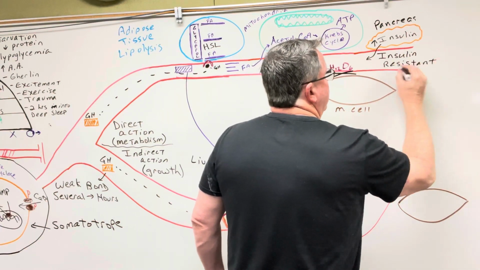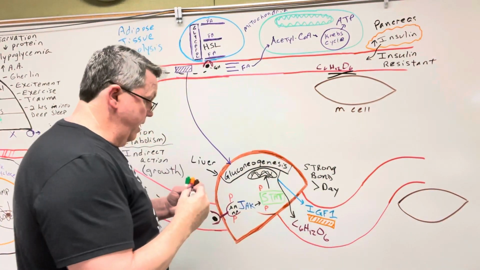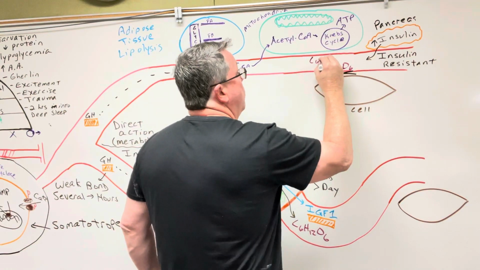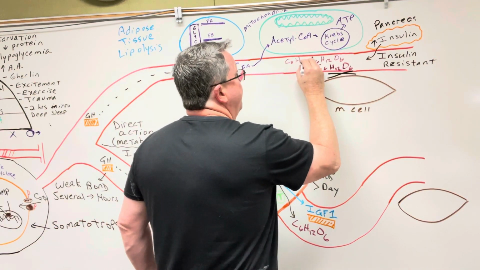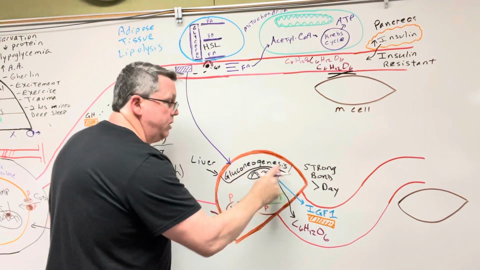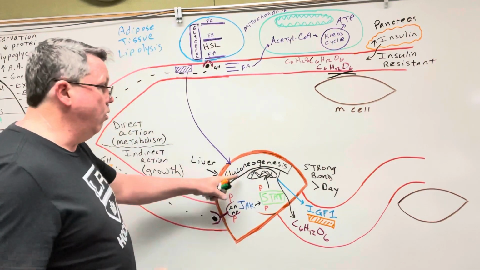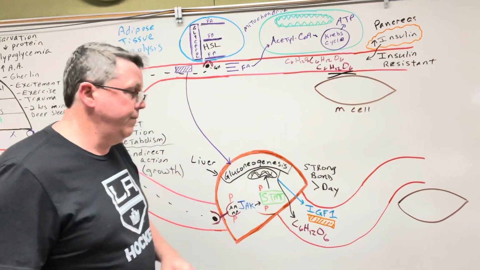Okay, they're going to become insulin resistant, right? So now, what's going to happen? As carbohydrates are in here, we're going to start to get more and more carbohydrates building up in the blood. The other thing that insulin usually does is it stops gluconeogenesis. But in this case, growth hormone is going to prevent insulin from stopping gluconeogenesis, okay?